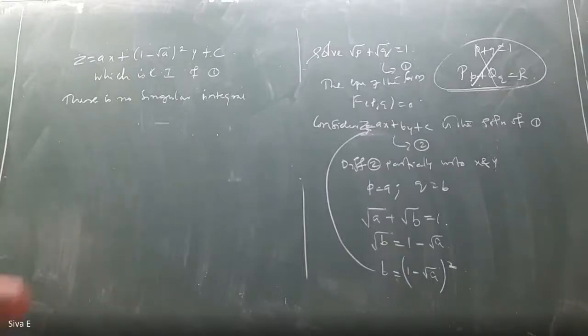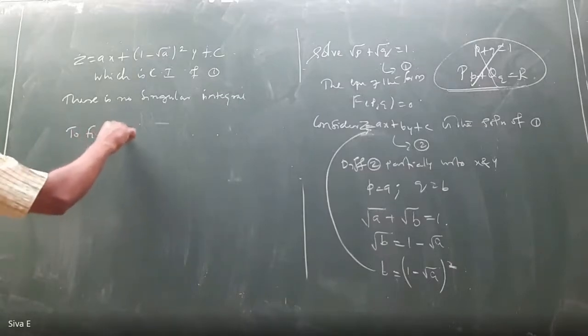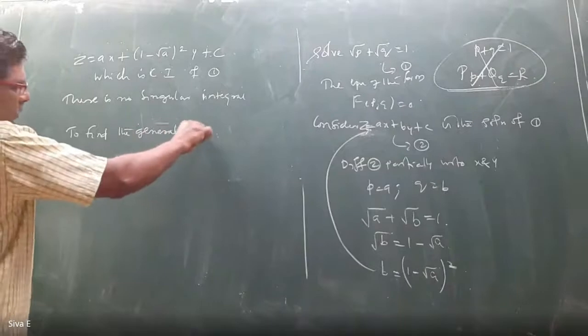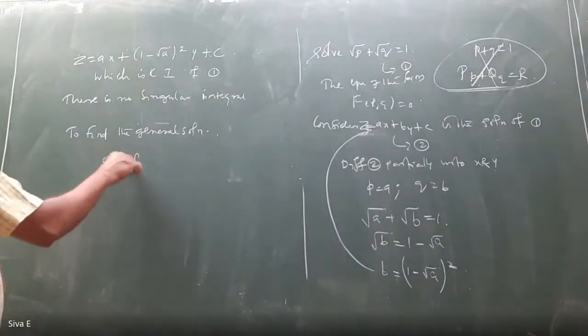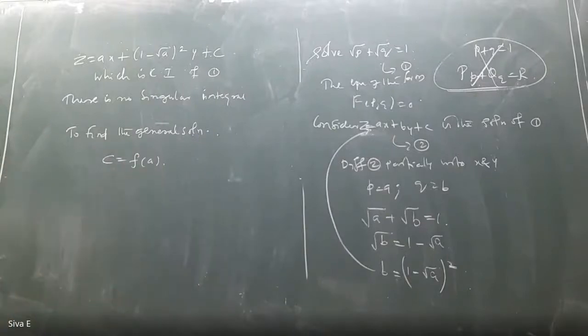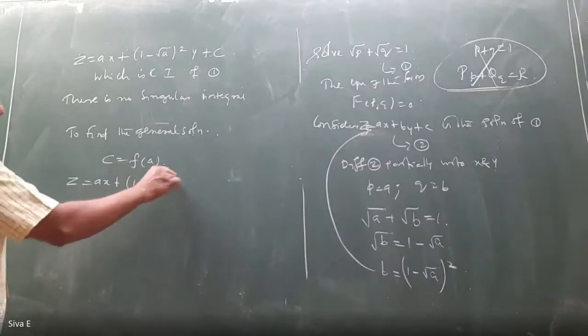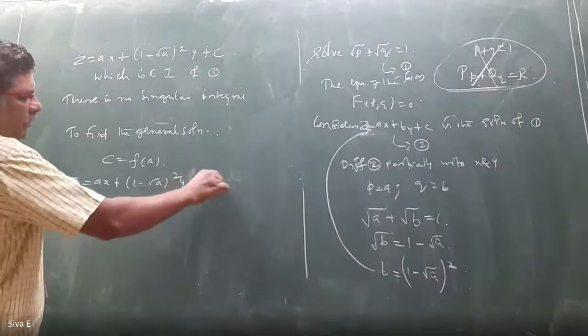Otherwise, to find the general integral or general solution, substitute c equal to some f of a. So z equal to ax plus 1 minus root a whole square y plus f of a.